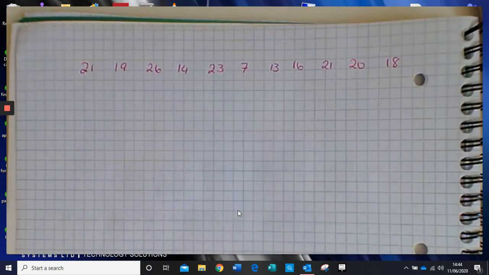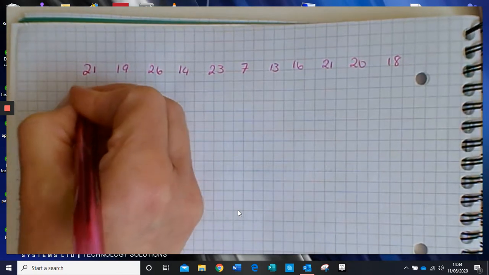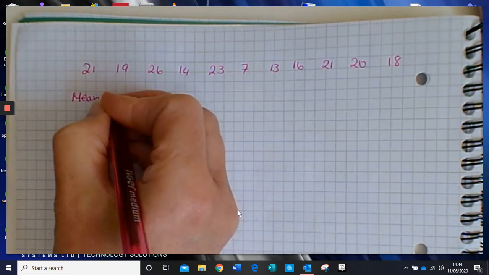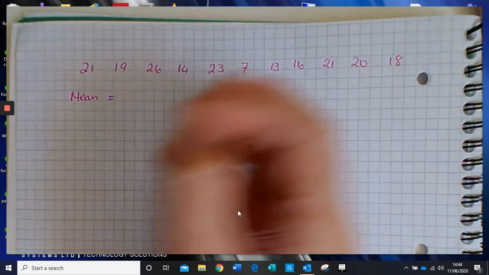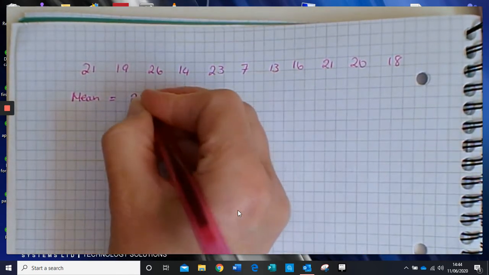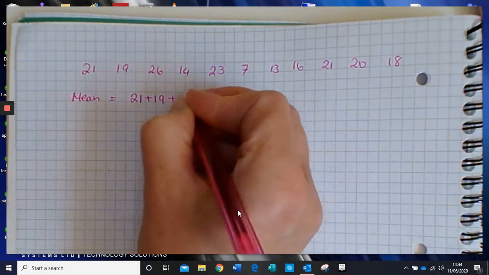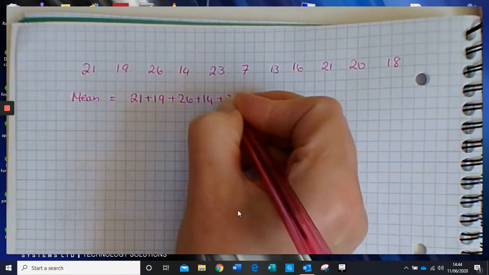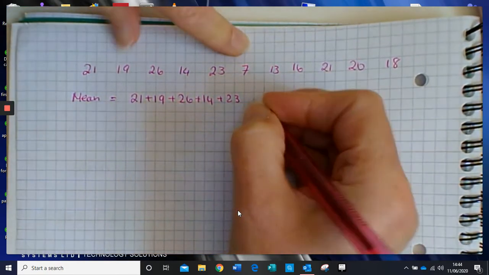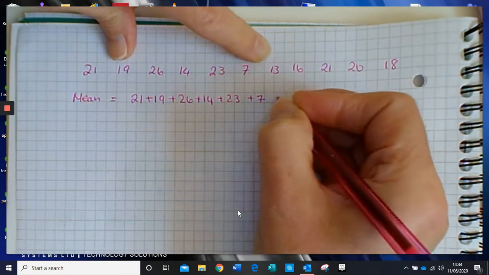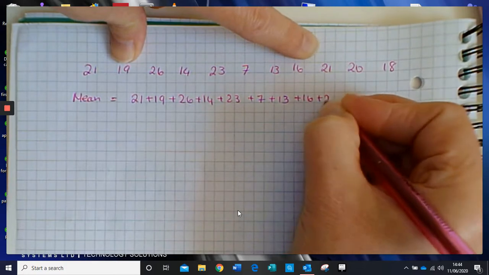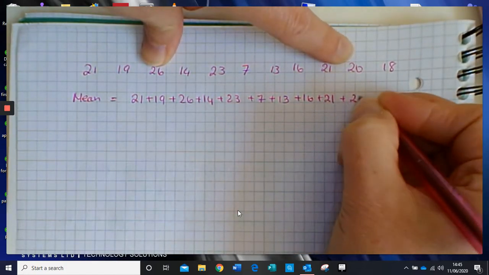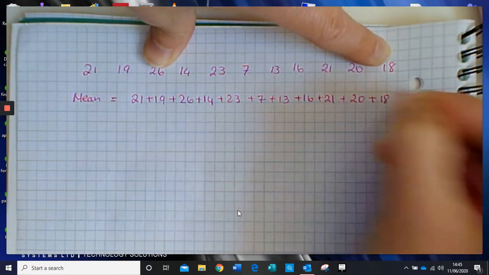Okay, so the mean. Remember, we are going to add them all together. So on my calculator, I'm going to go 21, add 19, add 26, add 14, add 23. Put my finger on there, make sure that I'm not doing them more than once. 13, add 16, add 21, add 20, add 18.